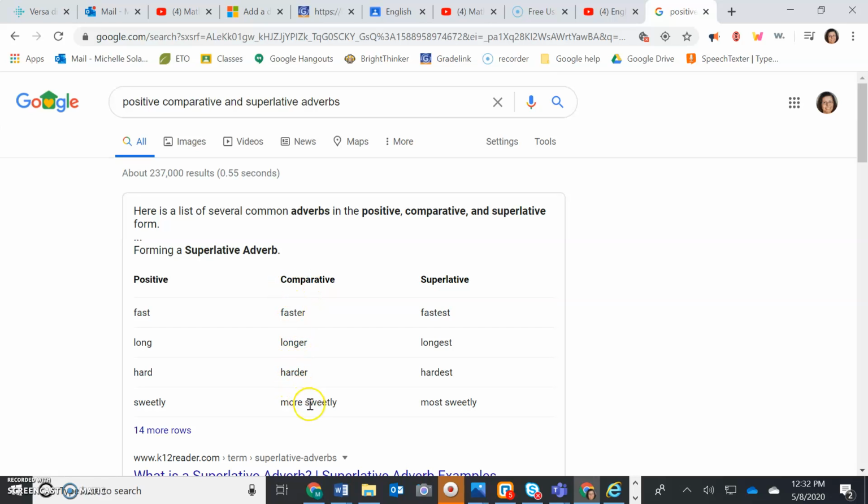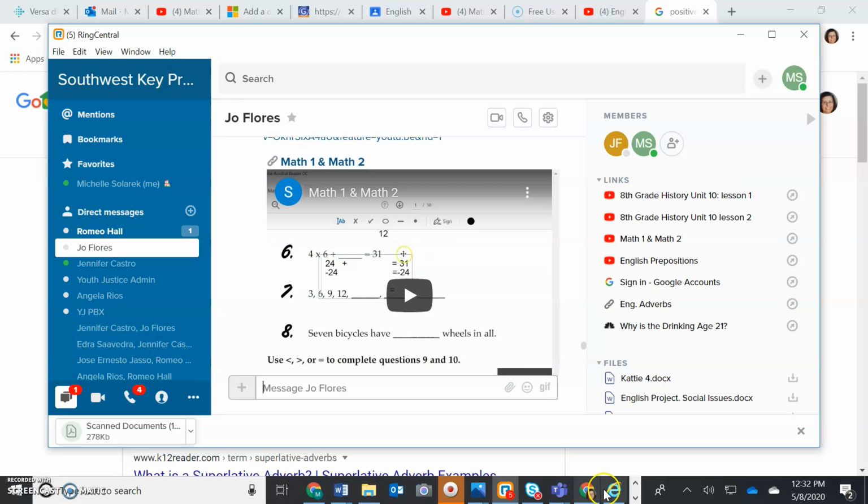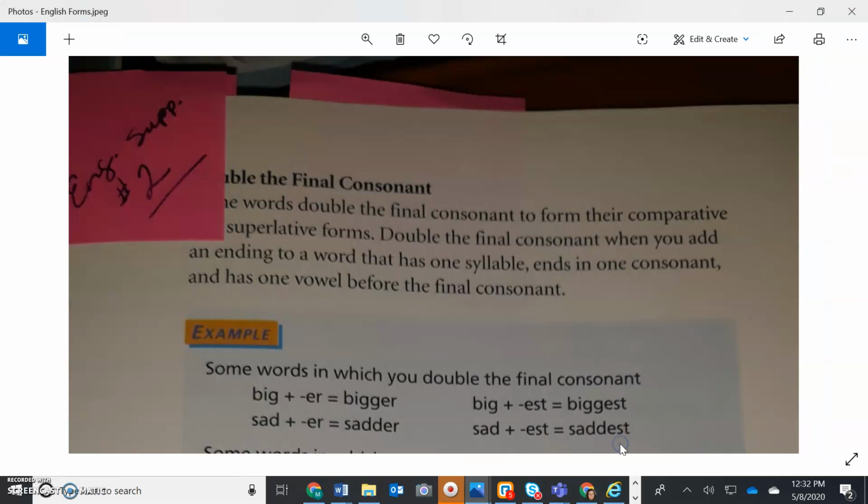Faster, longer, shorter, harder, more. Superlative is when you're just saying it's the most. Fastest, longest, hardest, most. So using that, we can go back and look. And first, let's write down all the ones with positive. So let's go back to our paper here. I'm so sorry it takes me a moment to get back. Here we go.